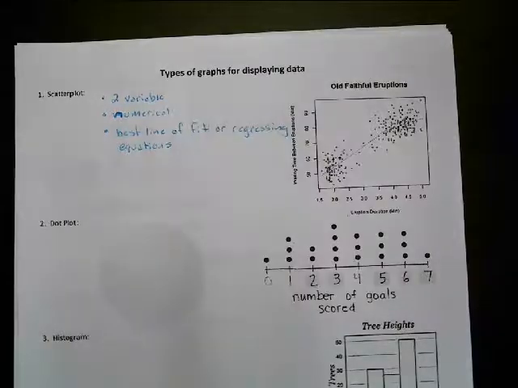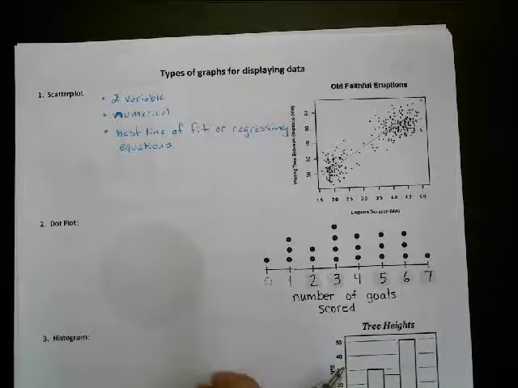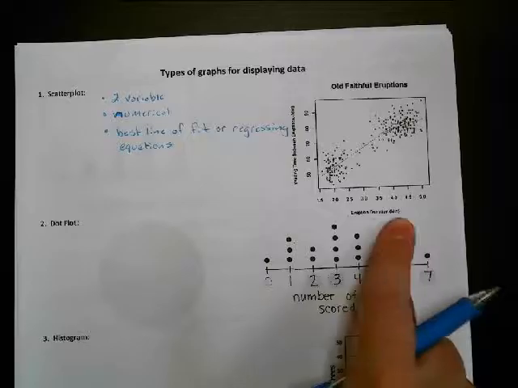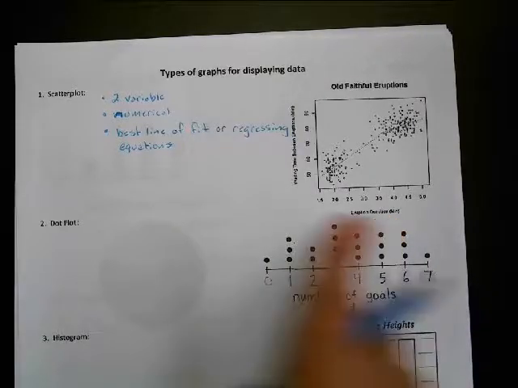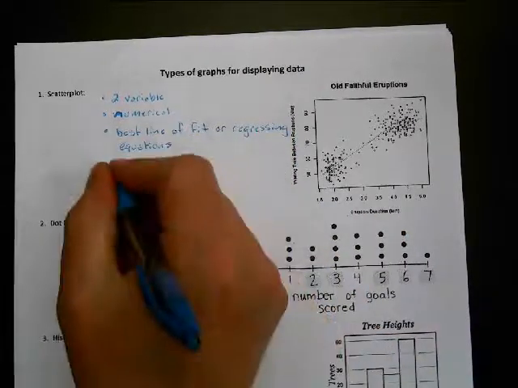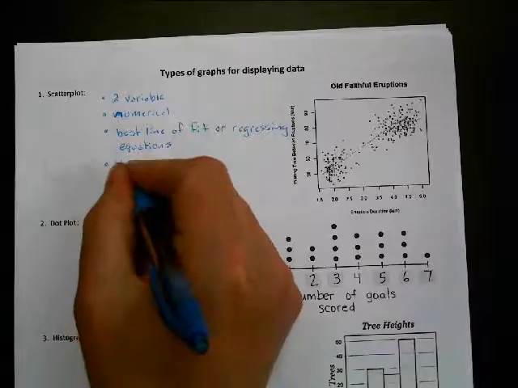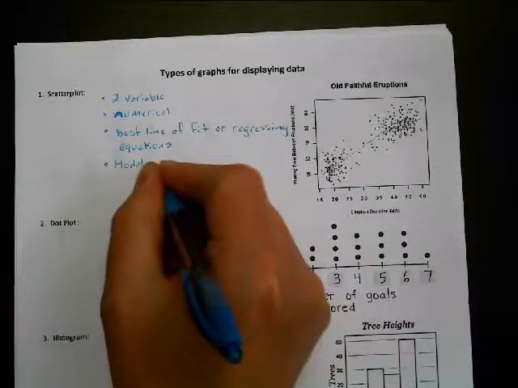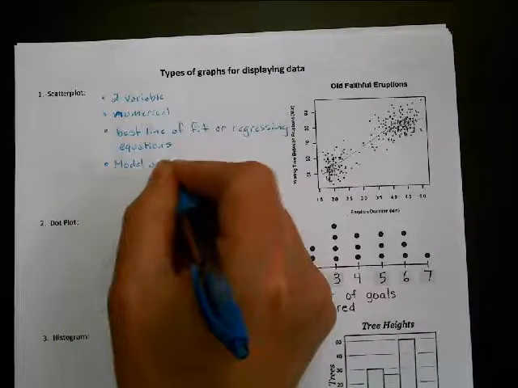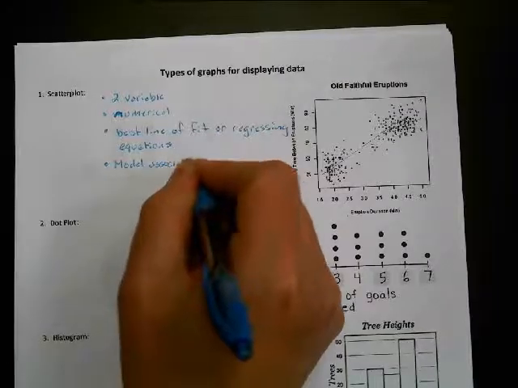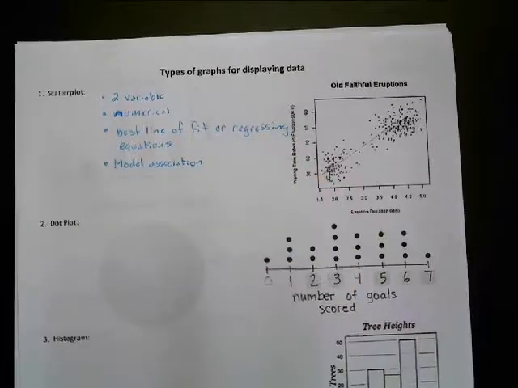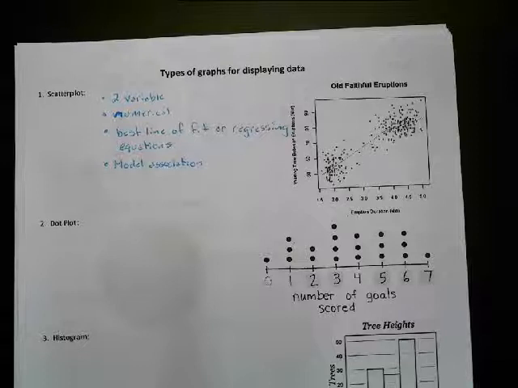And we do that so that we can predict or that we can model. So this is so that we can model the association between the 2 variables that we're looking at. In this case, the eruption duration and the time in between. So we want to model the association. Basically, we want to look and see how these 2 variables are affecting each other.